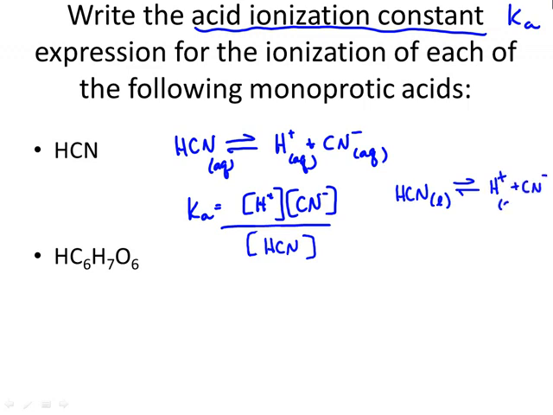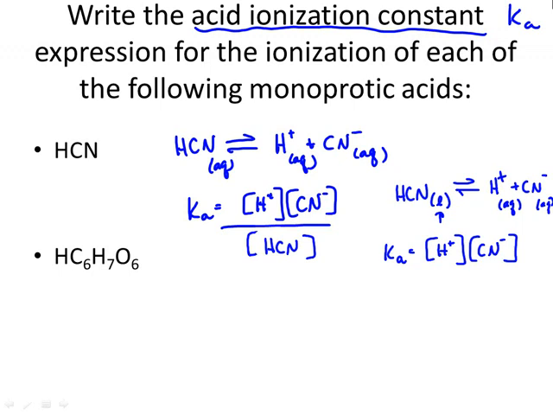Well, my ions over here are always aqueous because they're dissolved in water. But if this is a pure liquid, then that means that Ka will equal the concentration of H+ times the concentration of CN-, and we're done because we don't include the concentrations of pure liquids in the equilibrium constant expression.